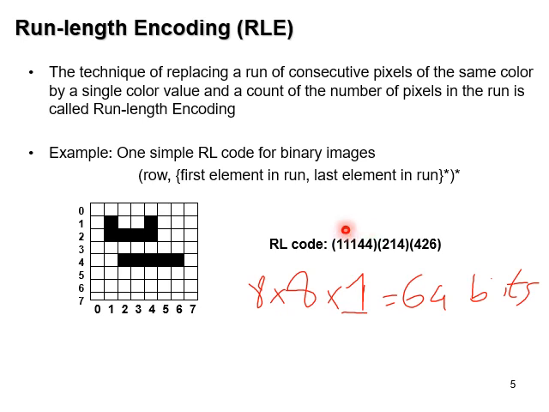So how many numbers do we have? We have 1, 2, 3, 4, 5, 6, 7, 8, 9, 10, 11. Okay, we have 11 numbers, and given that we are representing each number in 3 bits, we're multiplying by 3, this is 33 bits. So this is a significant reduction from 64 to 33.